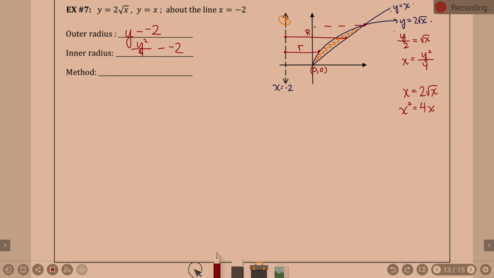Set equal to 0: x squared minus 4x equals 0. You can factor. This is saying there's two solutions, 0 and 4. The curves intersect right here and here, which is going to be 4, 4, because it's on the line y equals x.